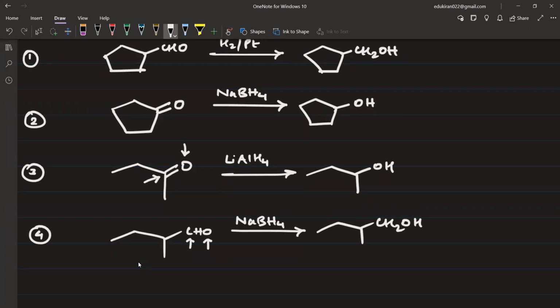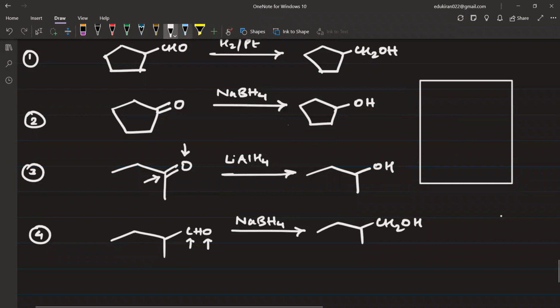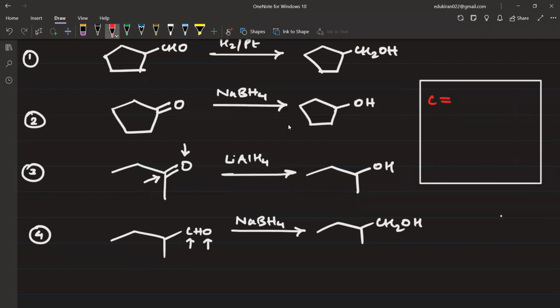In the reduction, this is very important. Note this down. In reduction of aldehydes and ketones, what happens? We have C double bond C, C double bond O. In this, the pi bond breaks, and bonds are formed: a carbon-hydrogen bond and an oxygen-hydrogen bond.